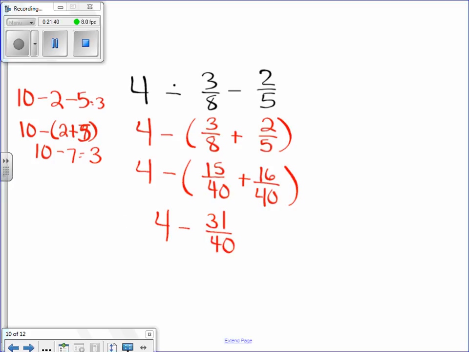Now the way that this is right now, I can't subtract that. There's nothing to subtract from. I can't subtract from straight up 4. So I have to change the 4 to a whole number 3 with a fraction behind it.